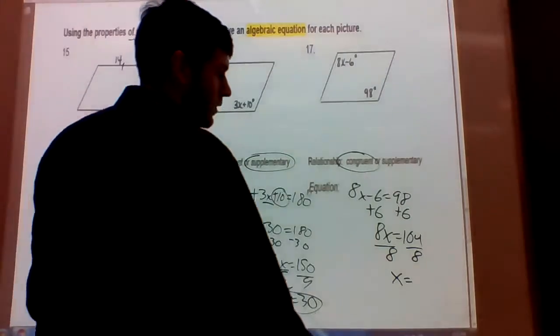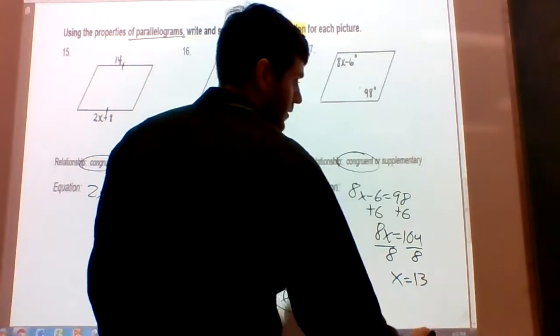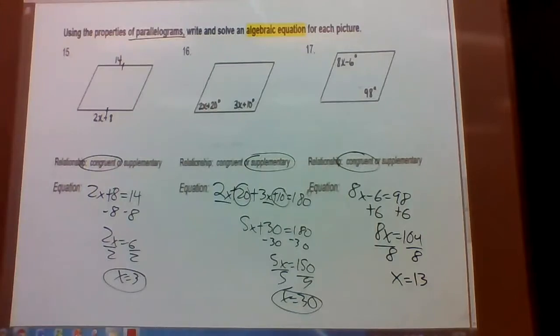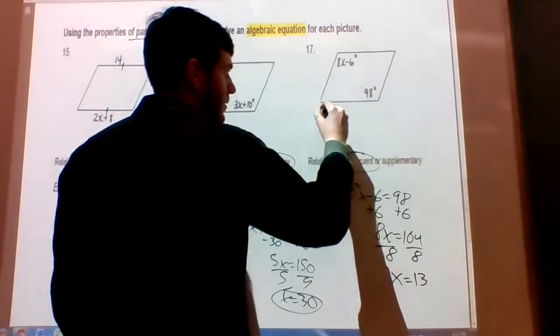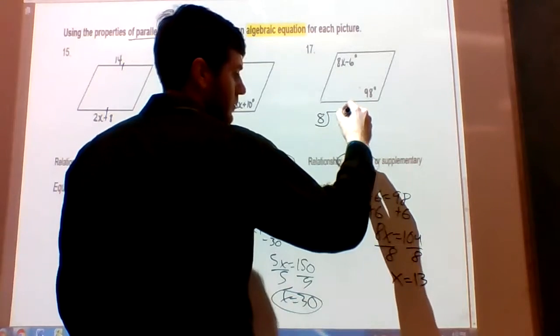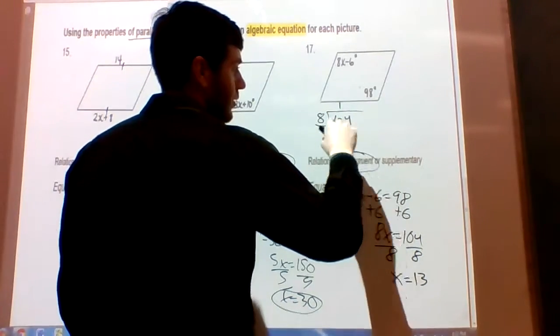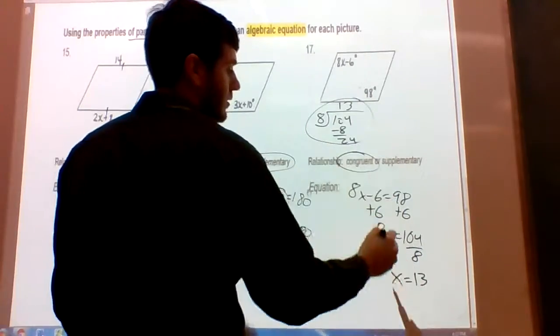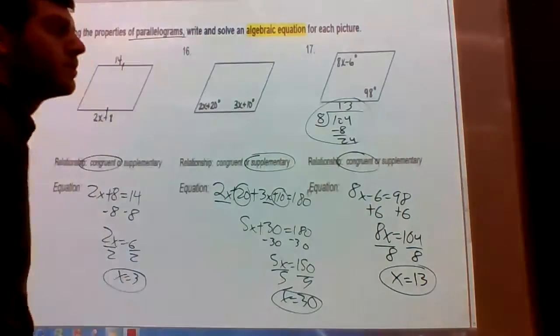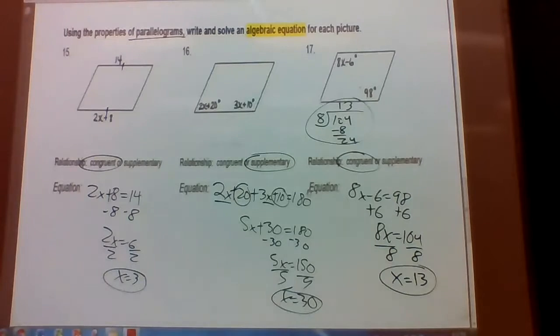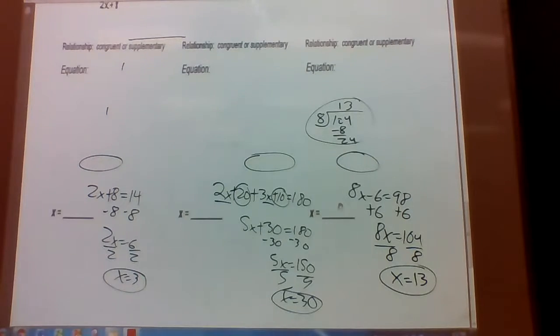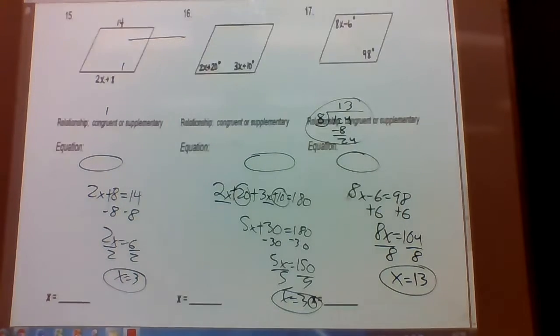So it's going to be 13. We can double check. So I think that's it for this one. If you're doing that, they have a blank for your X.